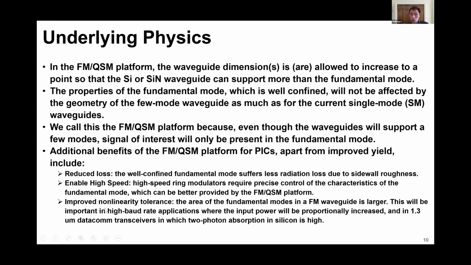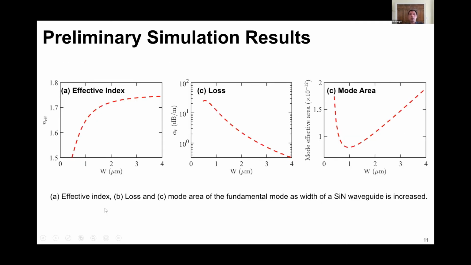And I'm going to show you some preliminary simulation results where we plotted the effective index, basically the phase velocity of the light, and the loss and the mode area as we change the waveguide width. So let's look at the first one, which is effective index. As you can see, beyond about 2.53 microns of width, the speed of light doesn't change anymore.